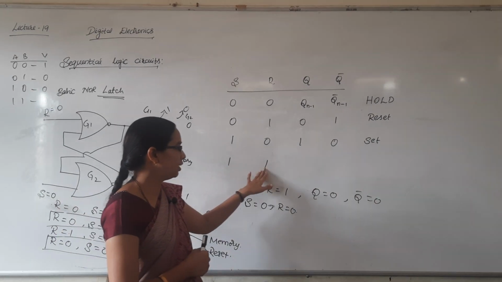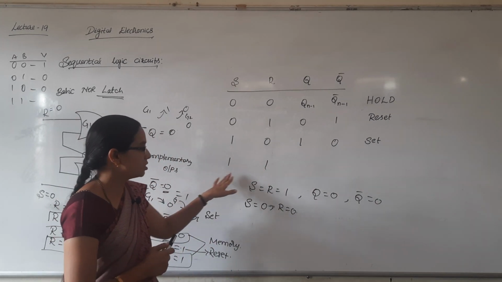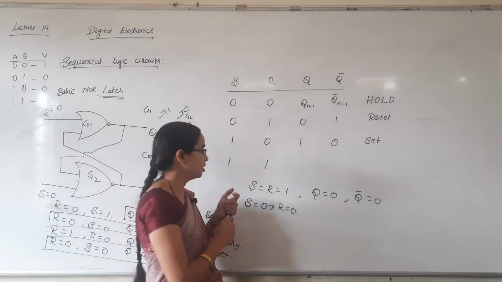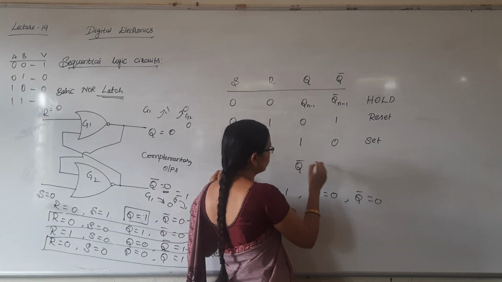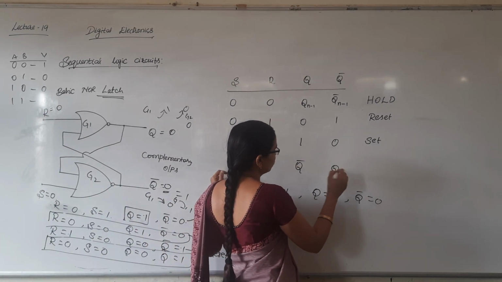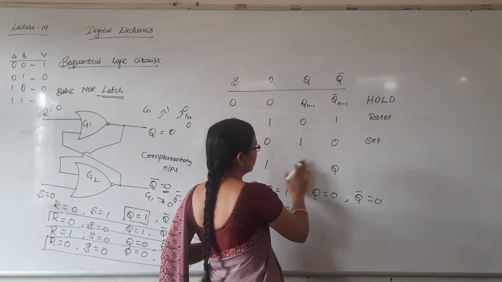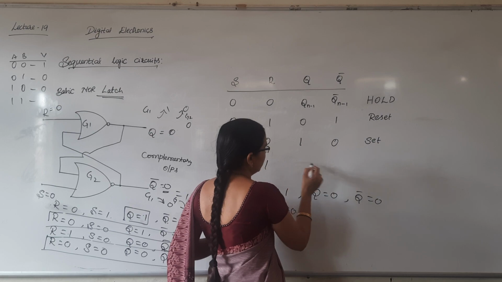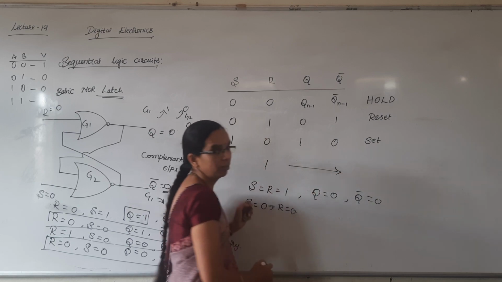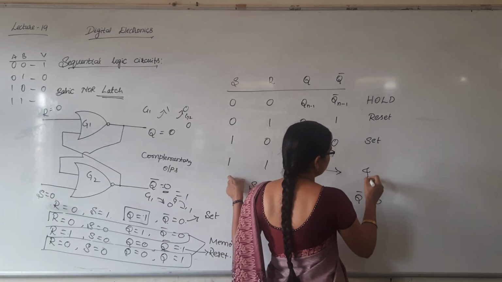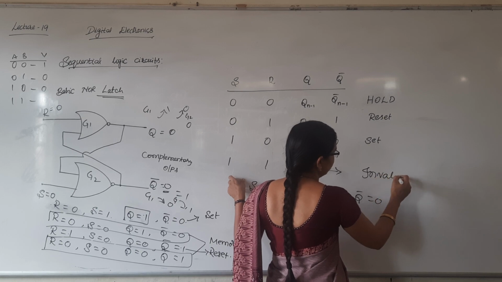But when S is equal to R is equal to 1, then Q is equal to Q complement and Q complement is equal to Q. That means both are trying to be 0 0, which is the invalid case.